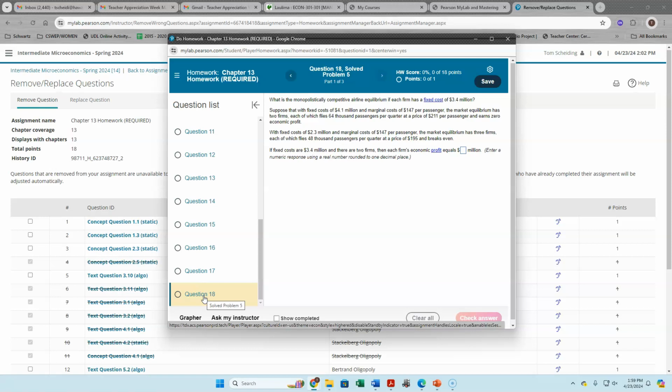Which brings us to number 18. And here, you're just dealing with the cost structure. I don't want to draw this out, if only because my drawing of it has not been rather successful. But essentially here, you are given the fixed cost for each firm.